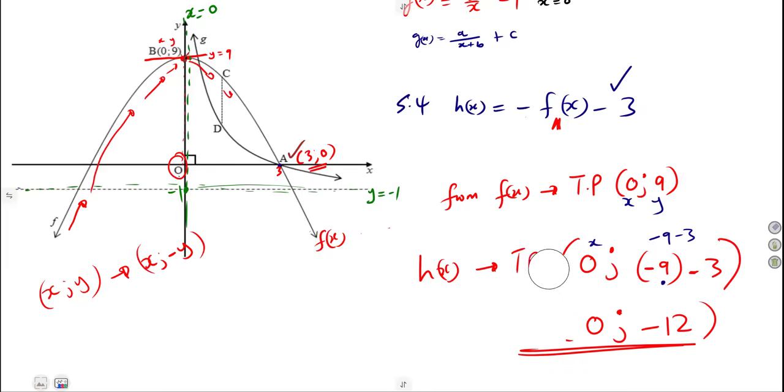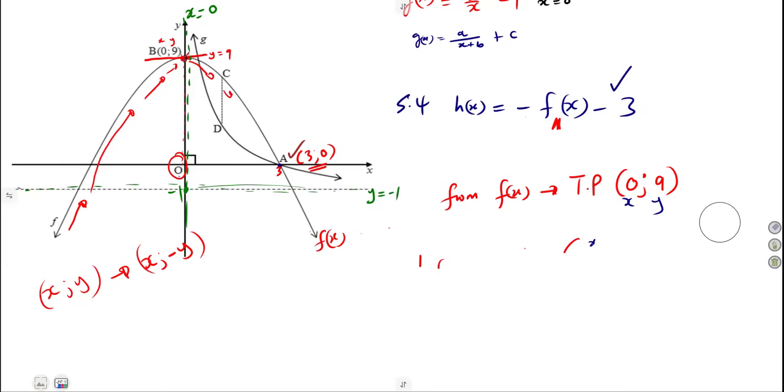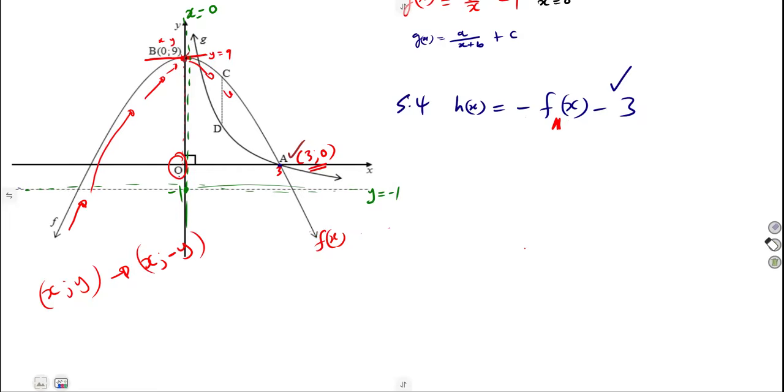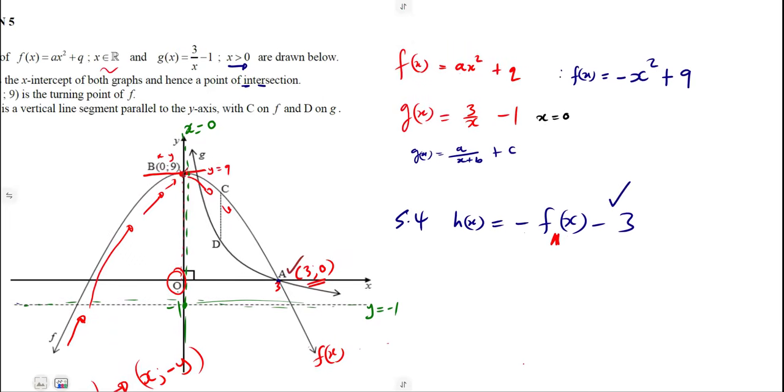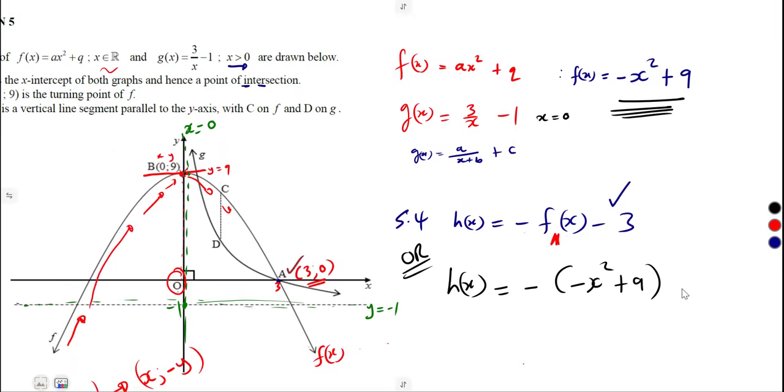Direct. Or maybe you do not understand this, therefore find h(x), the new function, because f of x is there. Remember, we substituted the a, which is minus 1, and the q there. So find that h(x) the way they gave us there, minus f of x. So that's another way. Minus f of x, this is f of x, as it is, minus x squared plus 9.